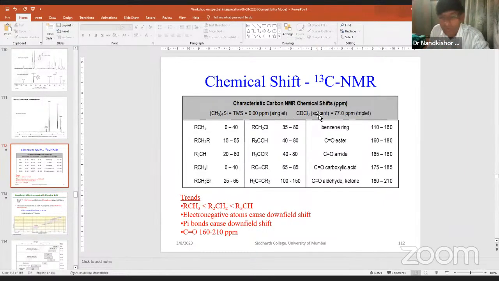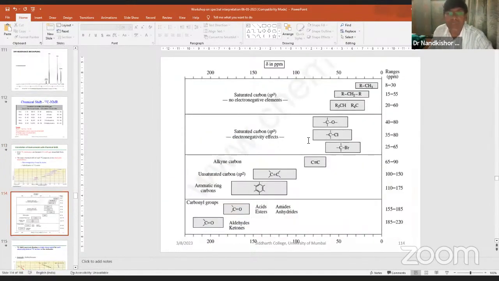As it is electropositive, it is highly shielded and its chemical shift value goes towards 0. So this is the simple reason why the iodide-containing halide will have a lower chemical shift value as compared to the chloride and bromide. This is again the chart. You can just work it out. You will get an easy idea about how the chemical shift values are changing.